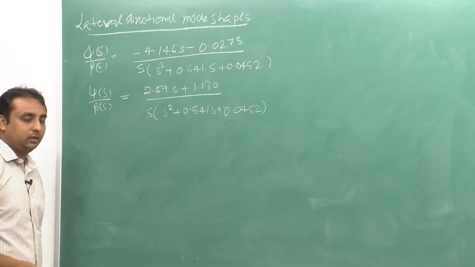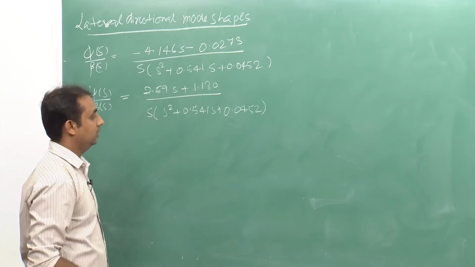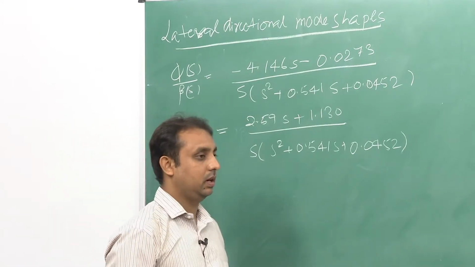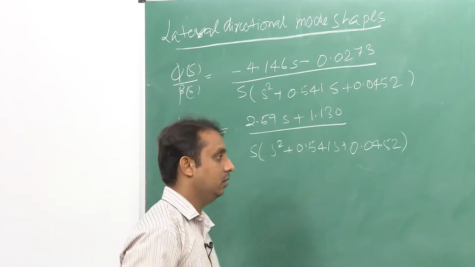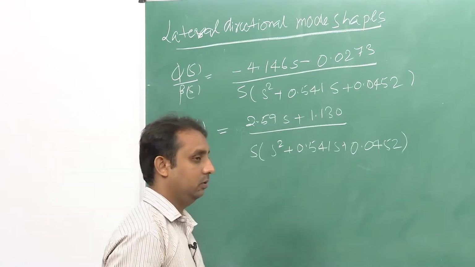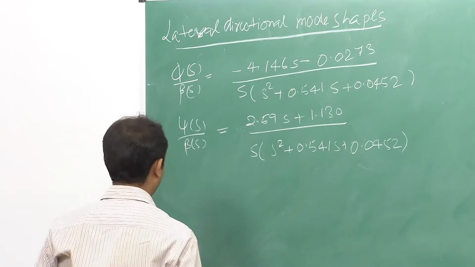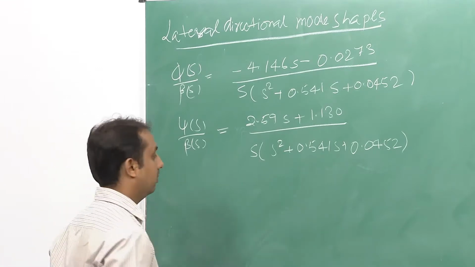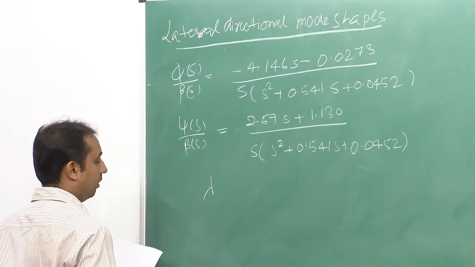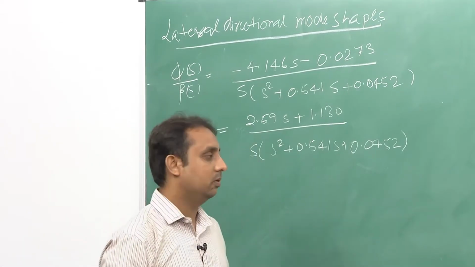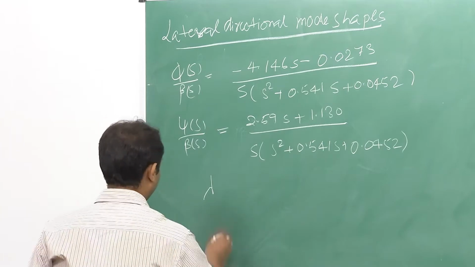Now, using these lateral directional derivatives, you will get the characteristic roots of the lateral directional equation of motion, which will be a fourth order equation. So, it will have 4 roots. The values of the roots of that characteristic equation are already given in the sheet which I have shared on the forum. You can go and check the values.